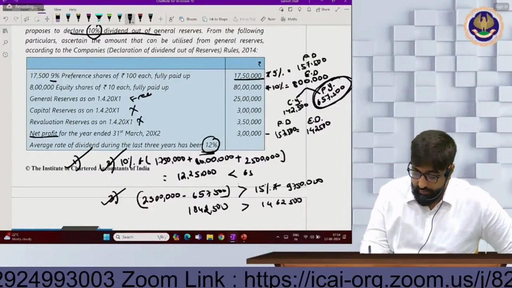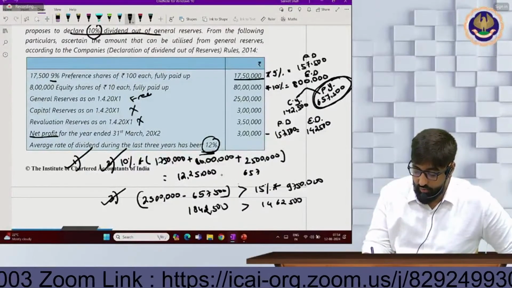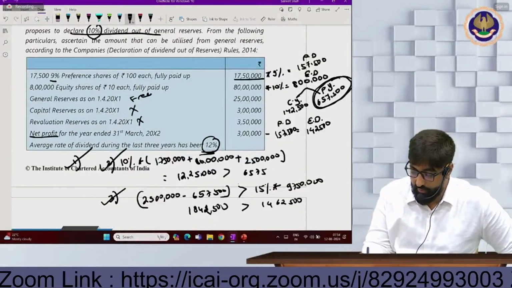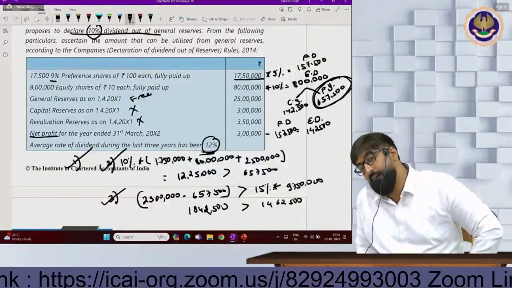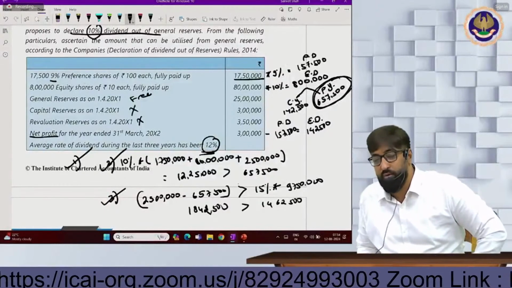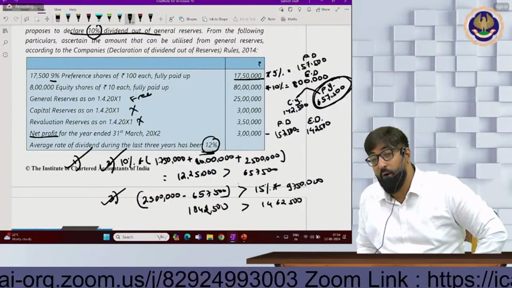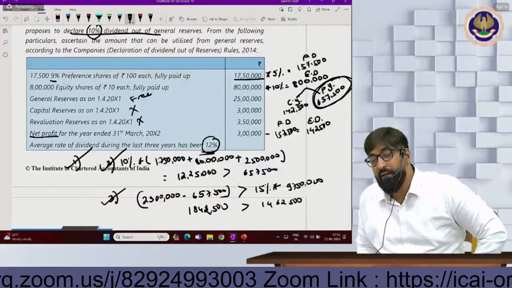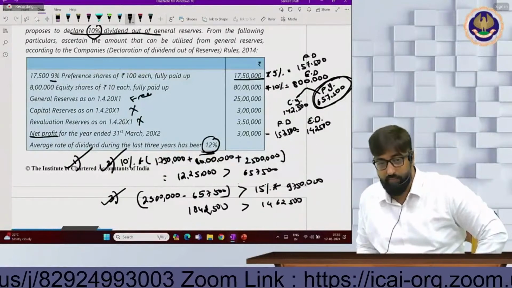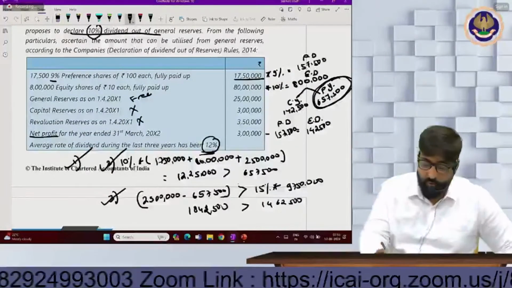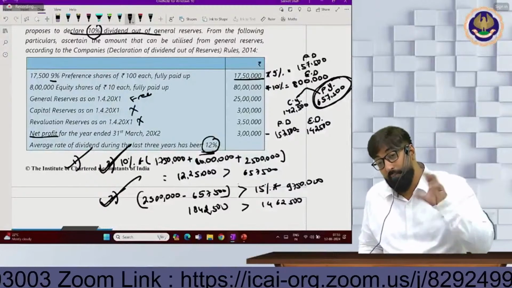The allowed amount is 12 lakh 25,000, so my amount of 657,500 is less than that. And after withdrawal, your balance must be greater than 14 lakh 62,500, and it is greater. So this is the second condition, before withdrawal, and the third condition is the balance in reserve after withdrawal.